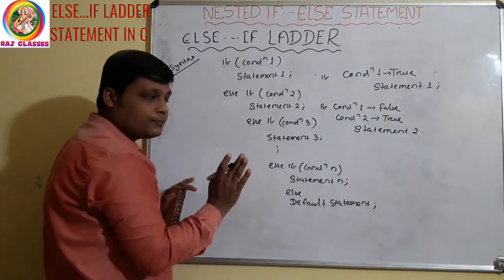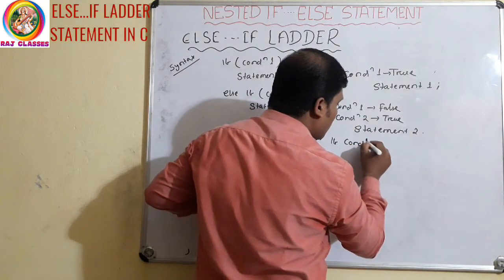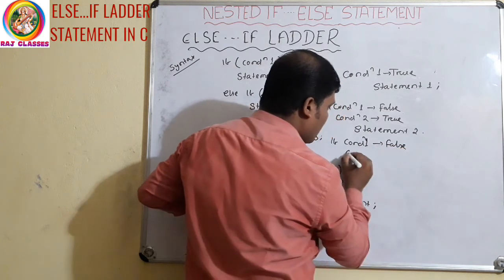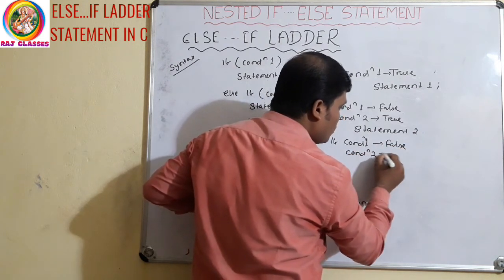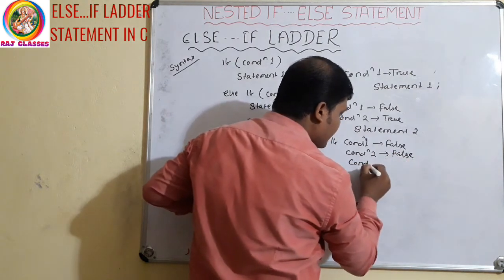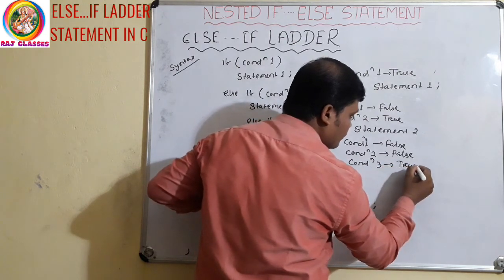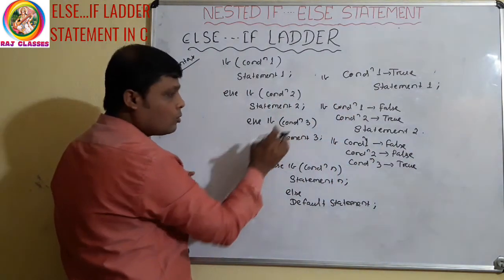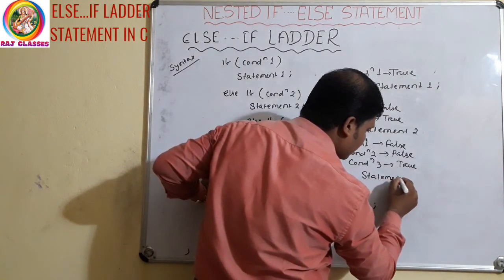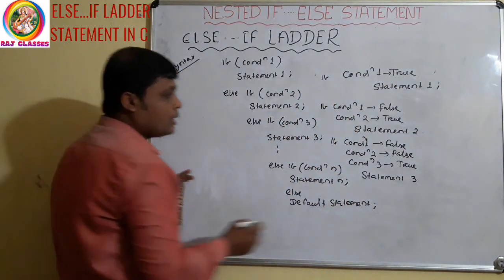Statement 3. Clear? If condition 1 is false, condition 2 is again false, but condition 3 is true, it will execute statement 3. Clear?